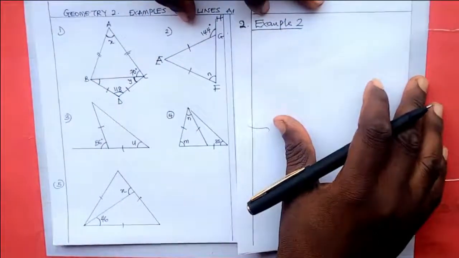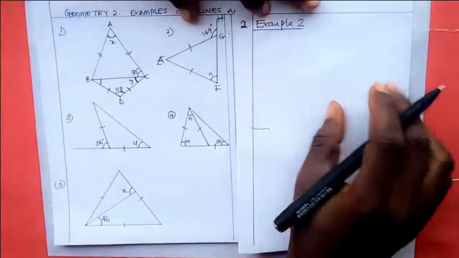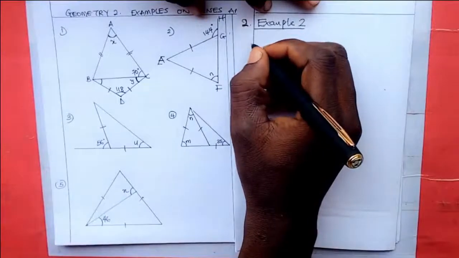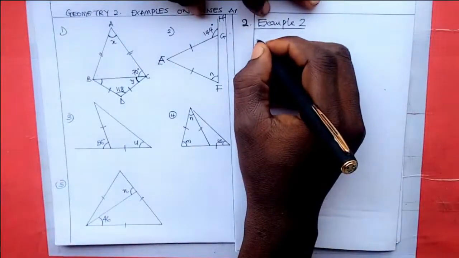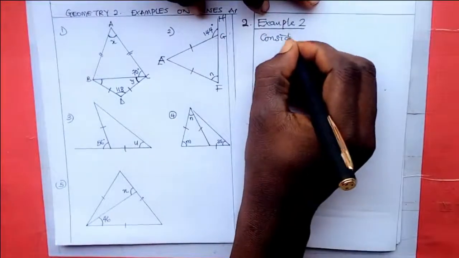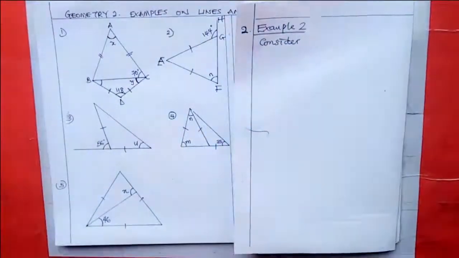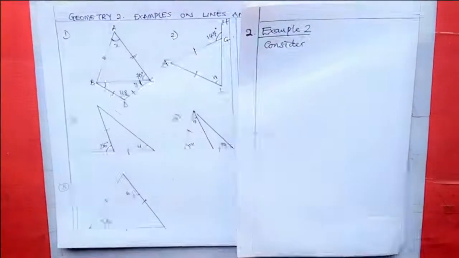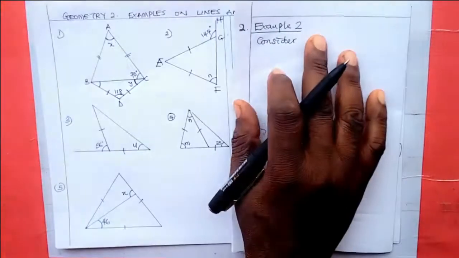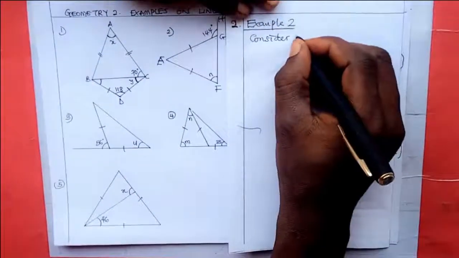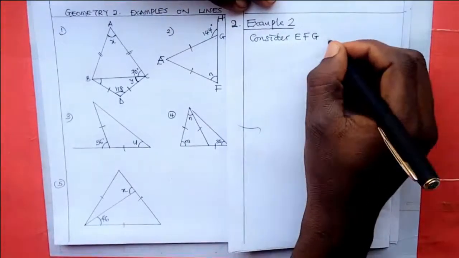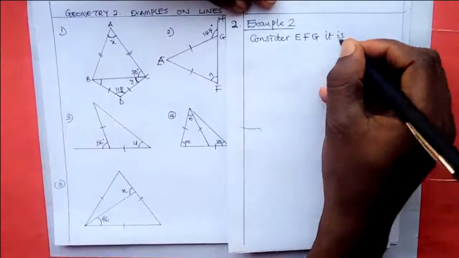So looking at what we are given here, considering triangle EFG, it is an isosceles triangle.